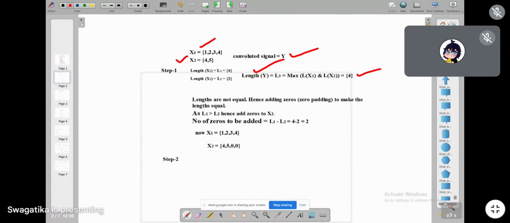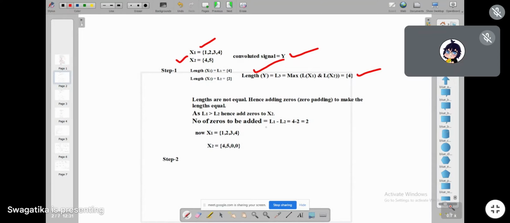Now coming to equalizing this length, now you have to make both the length of x1 and x2 equal. As we can see here, the lengths are not equal in this case. Hence you have to perform 0 padding to make the lengths equal. So how will you perform 0 padding? You can see L1 is greater than L2. So zeros should be added to L2. How many zeros to be added?